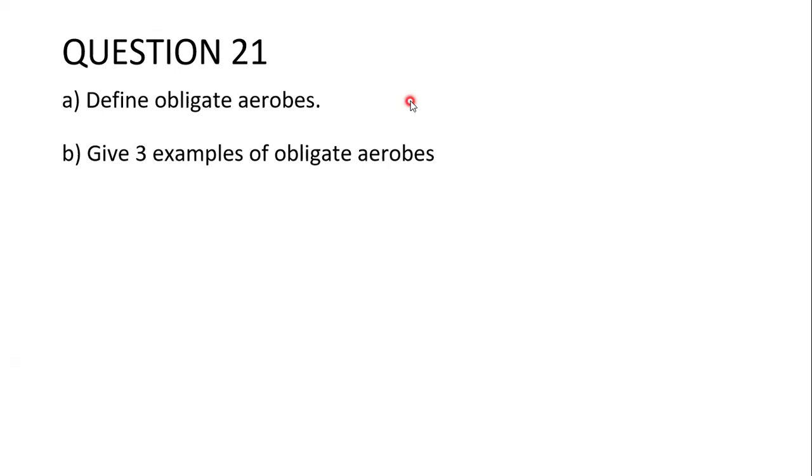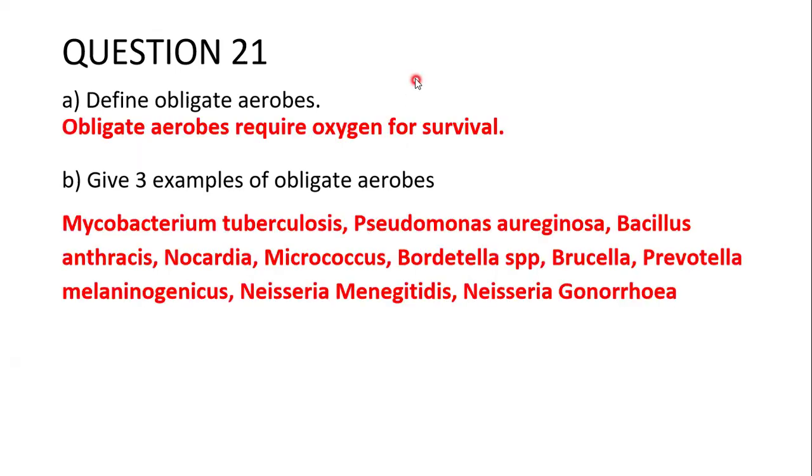TB, very good. Pseudomonas, good. Nocardia, yeah, things like that. Okay, there are quite a few. So TB, Pseudomonas, Bacillus, Nocardia, Micrococcus, Bordetella, Brucella, Neisseria, and both Neisserias. Okay, those are obligate aerobes.